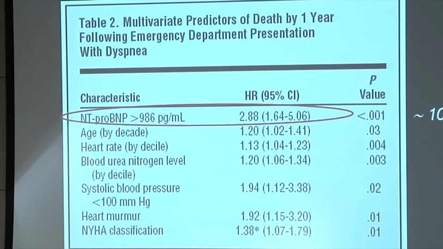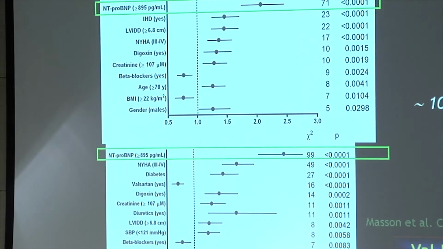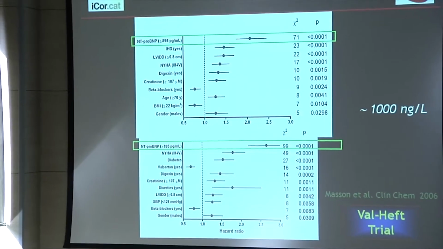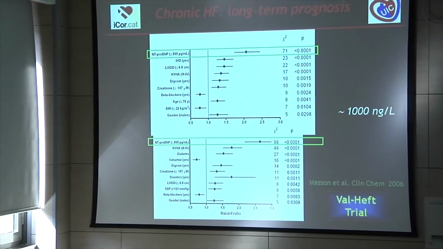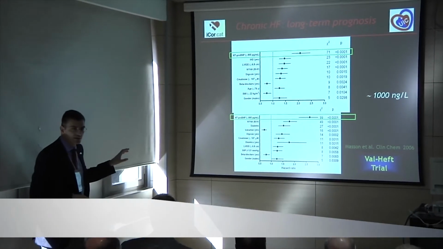And this comes also from Jim's PRIDE study. If we look at other studies, like the BALL-HEF study, again, around 1,000 nanograms per liter is the long-term prognosis cut point for NT-proBNP. So we have here one marker of stretch that's been already incorporated in guidelines, and we use it in clinical practice.